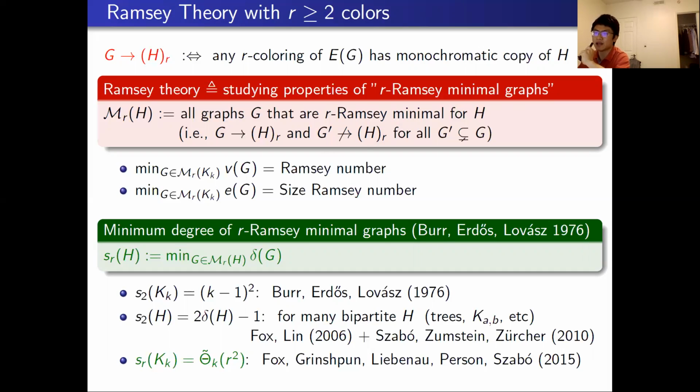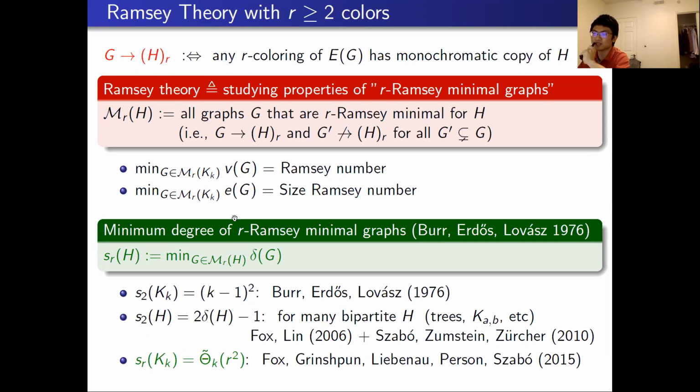Actually, many problems in Ramsey theory can be understood by studying parameters related to this collection. For example, if we take the minimum over all the vertices, then we recover the classical Ramsey number. And if we take the minimum over the number of edges, we also recover the well-studied size Ramsey number.